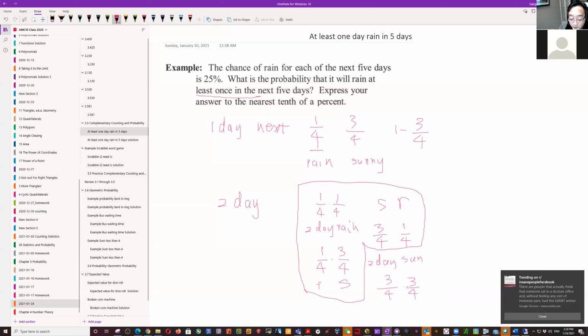So you can count this way, or you can just do 1 minus 3/4 squared. This is actually a much easier way to count, just from 1 day and 2 days.